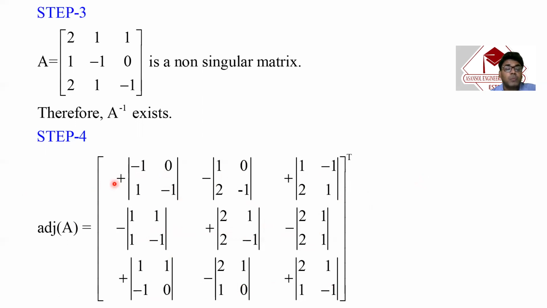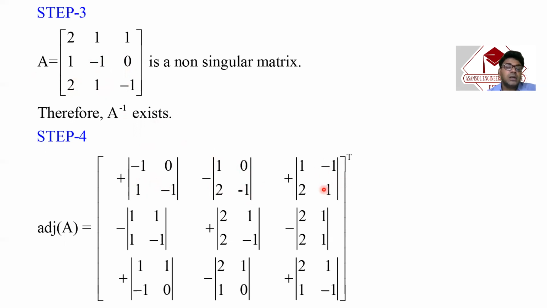A11 is equal to plus the determinant of the small elements A22, A23, A32, A33, this one. Clear? And what is this? 1, 2 and 0, 1. Clear? And what is this? 1, 2, minus 1, 1.